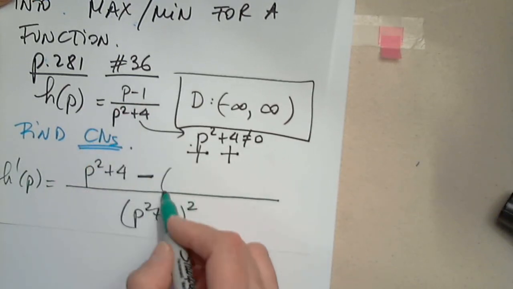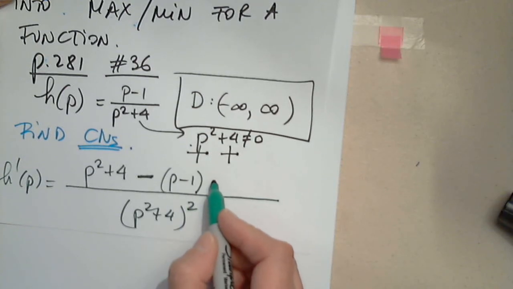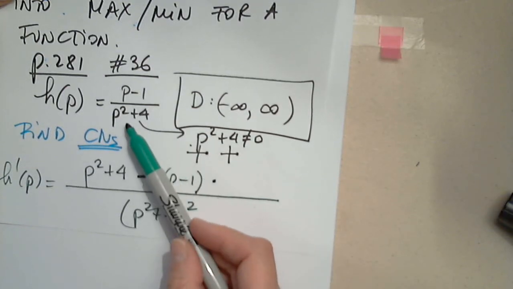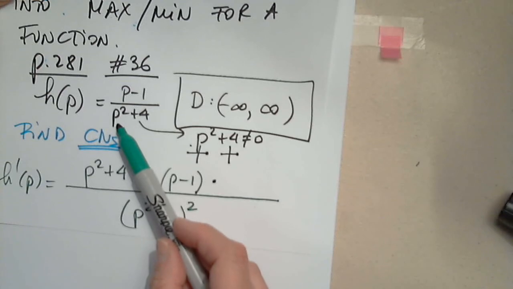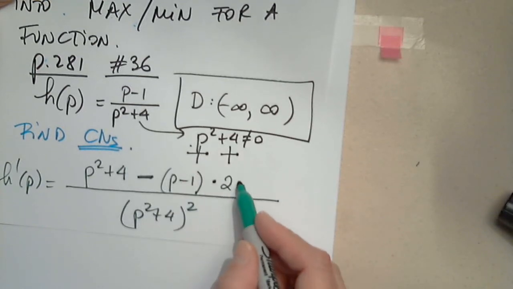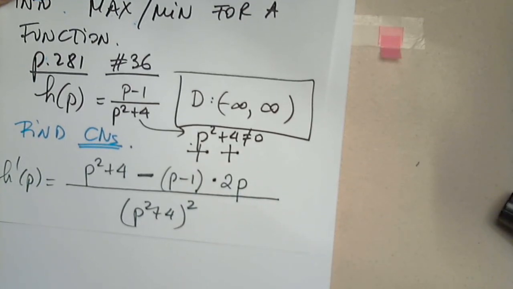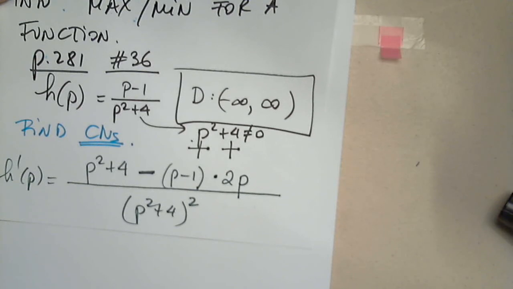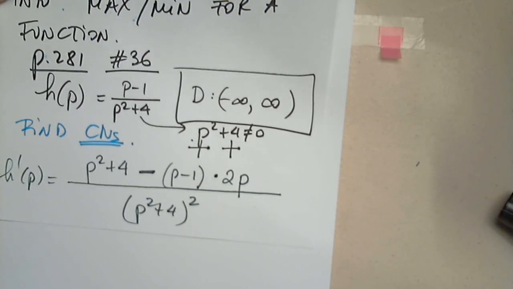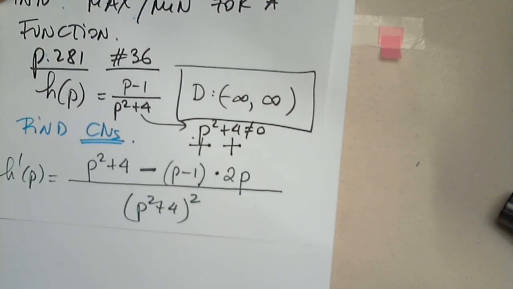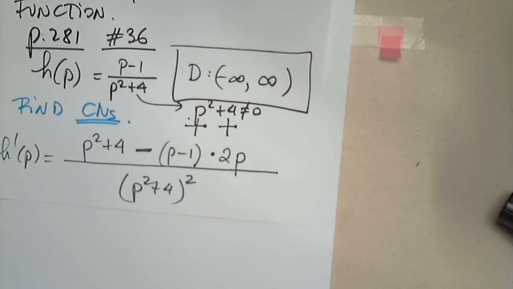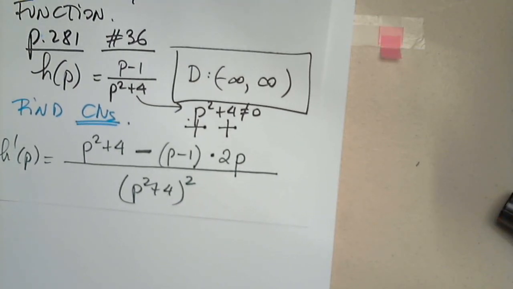I have to copy p minus 1, but I have to multiply by the derivative of the denominator, which is 2p. Any questions so far? Is this okay? Please stop me anytime.